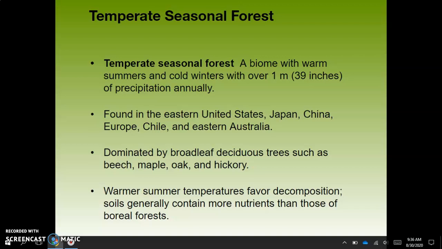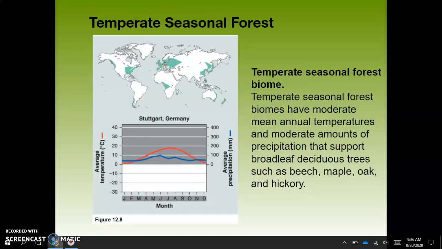Warmer summer temperatures favor decomposition, and the soils generally contain more nutrients than those of boreal forests. So in North Carolina, we do have agriculture. We do typically have fertile soils because we do live in a seasonal forest, a temperate forest, also known as a temperate deciduous forest. So you might see it both ways.